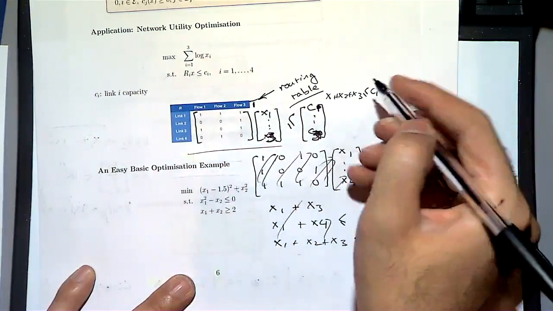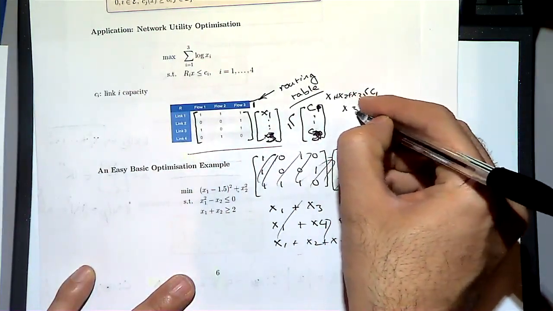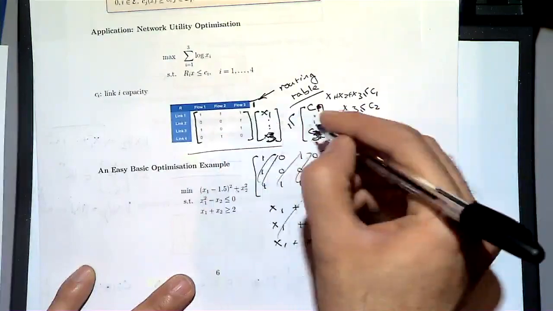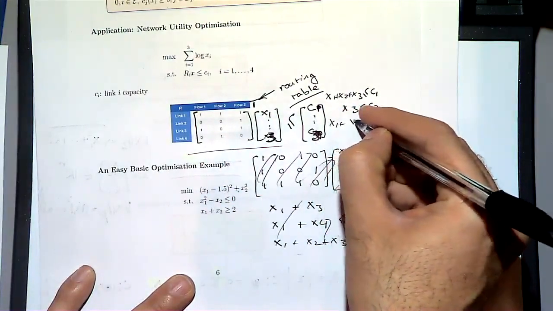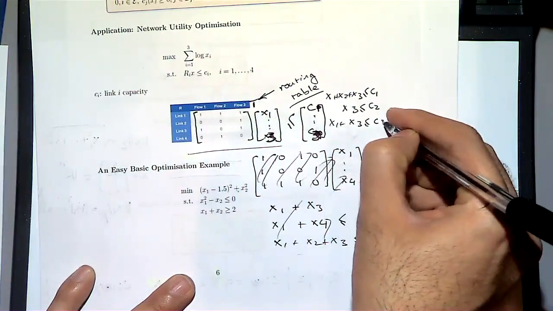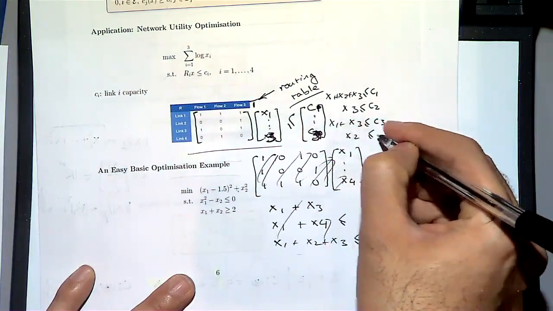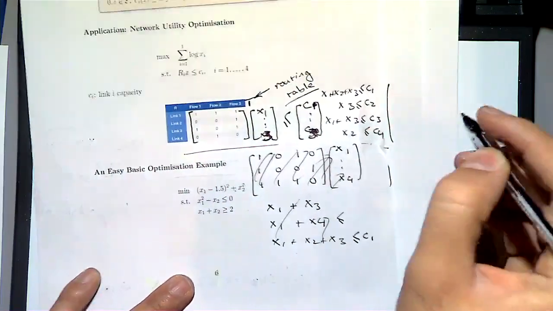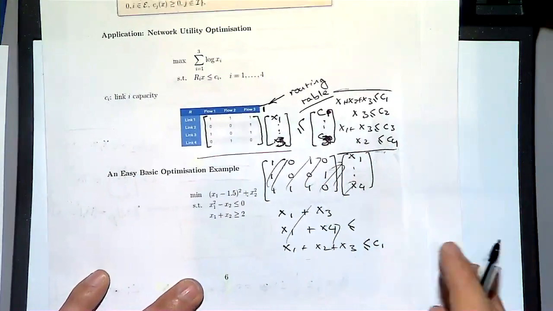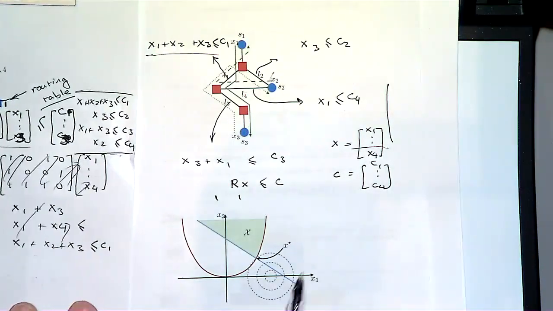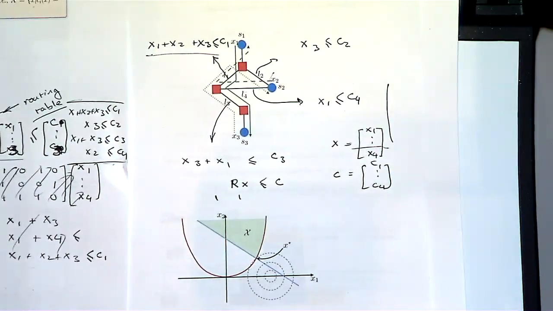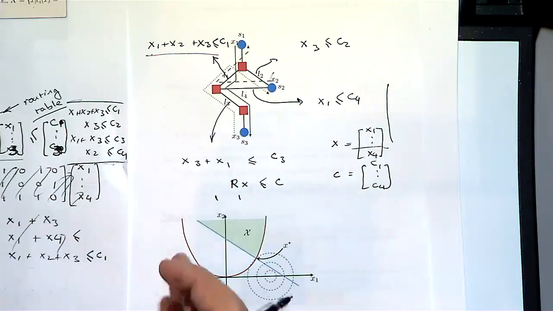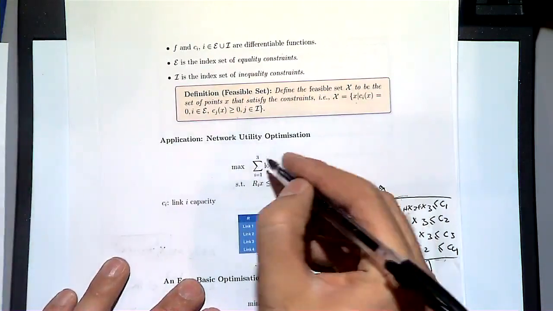The second line is x3 less than c2. The third line is x1 plus x3 less than c3, c4, which is that. So now we have the capacity constraints. Now we have to think of what is the meaning of the cost here.